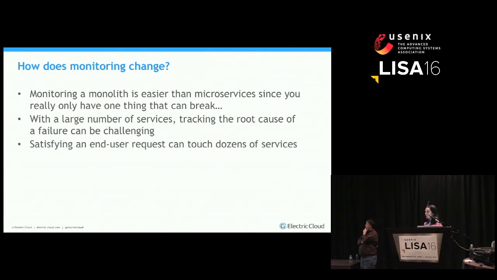When you have that large number of microservices, tracking down the root cause can be more challenging. A single end user request could touch dozens of services when it's being served, and so how do you find where it is that the error was introduced? Is it a timeout, connection timeout between services? Is it a cascading error that went across a number of services?